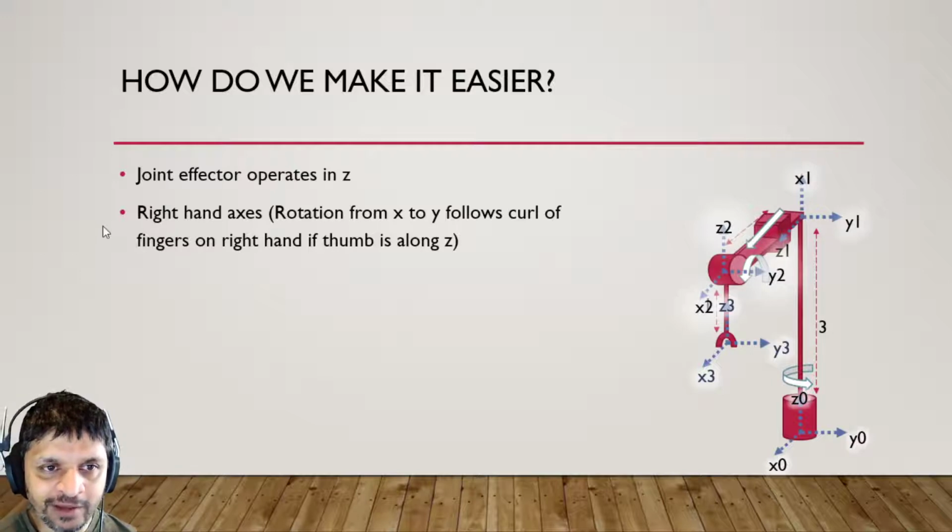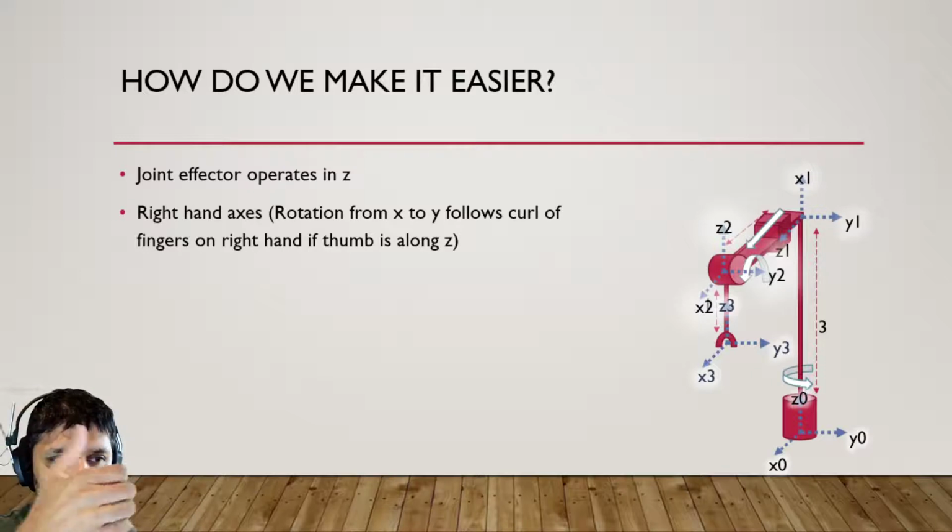But the other rule we have is that our axes are right-hand axes. What that means is that I take my right hand, and if I have my thumb pointing along Z, the curl of my fingers indicates a positive rotation.